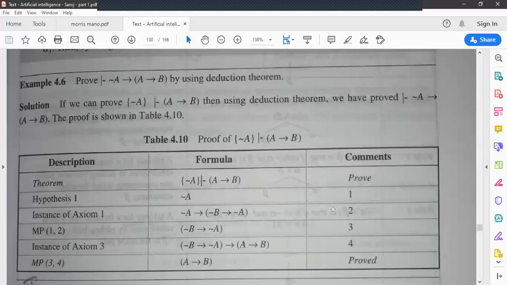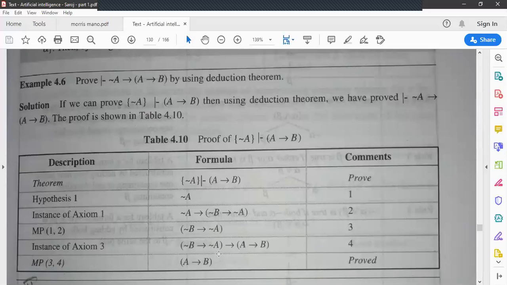When you put on line number 1 and 2, because this not A, these two are like alpha part. When you have a separate alpha and alpha implies beta, then you omit alpha and you just write the beta. So beta part is this, not B implies not A, which you are putting as a result of application of modus ponens on line number 1 and 2.